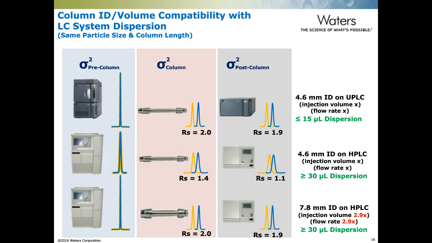By contrast, if we do that same experiment on a higher dispersion system, shown in the middle chromatograms going across, where we're looking at an HPLC column with higher dispersion volume, if we inject this narrow peak, we'll wind up with more dispersion of that peak before it even gets to the column.